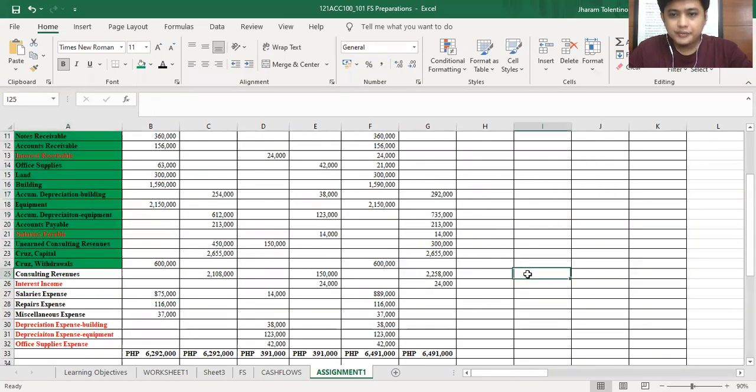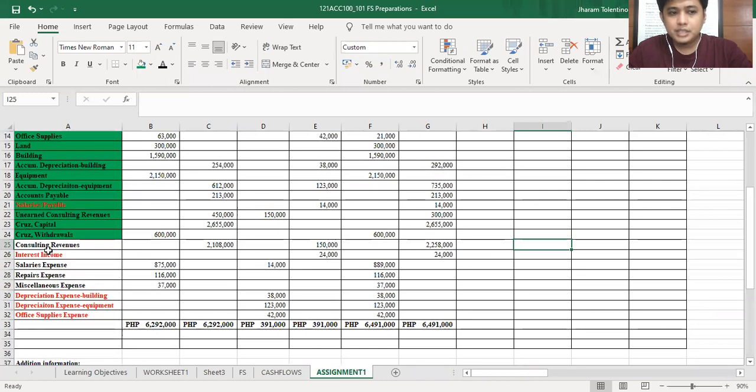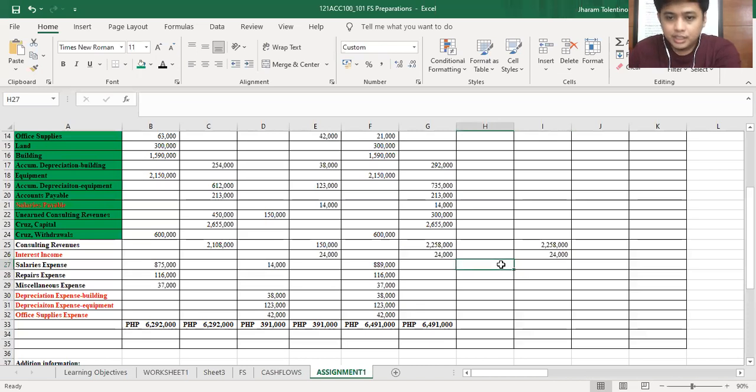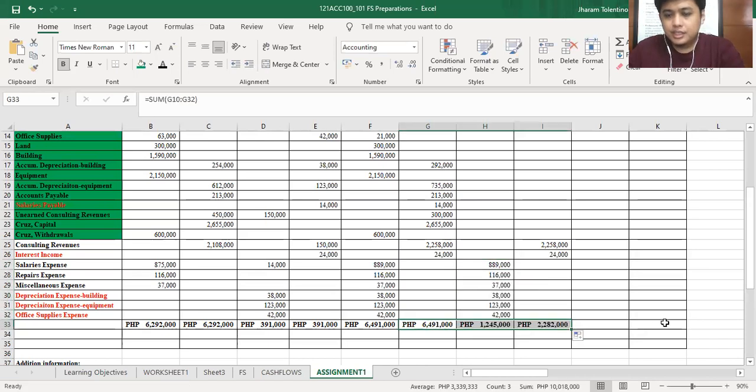Okay? All you need to do is to extend the amount. So mag-extend tayo for the income statement accounts. That's consulting revenue. All you need to do is just copy. So we have 2,258,000. In this case, may kasama siyang interest income. And then the rest are expenses. Just copy. Okay, after nun, yan.